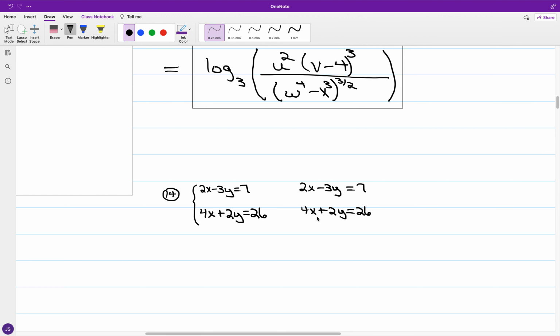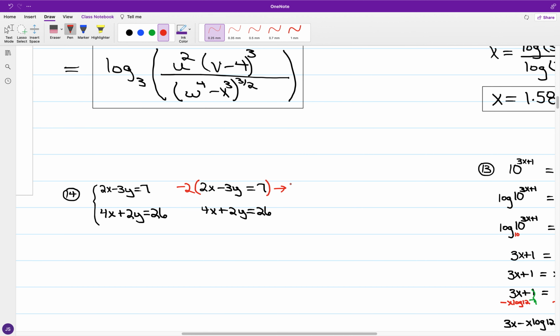So we have 2x minus 3y is equal to 7, and 4x plus 2y is equal to 26. What I can do here is cancel out the x terms. If I cancel out 4x, I would need the 2x to become negative 4x. So I can adjust the first equation by multiplying by negative 2.